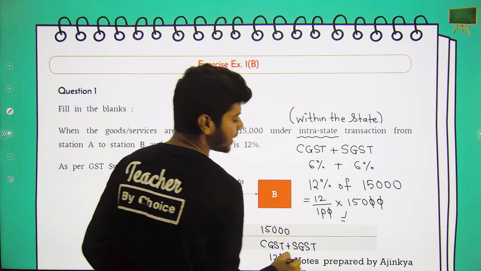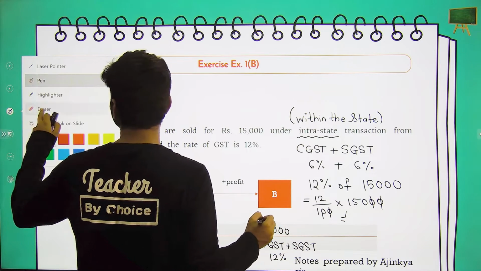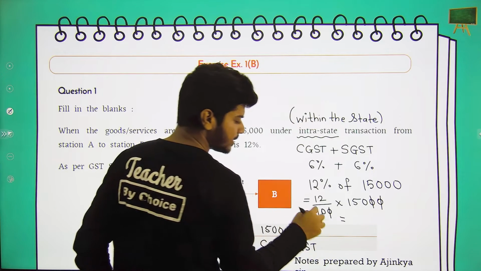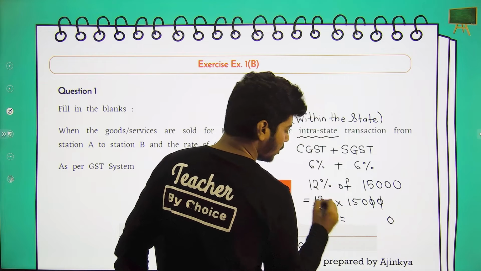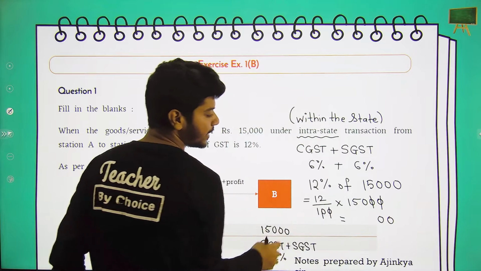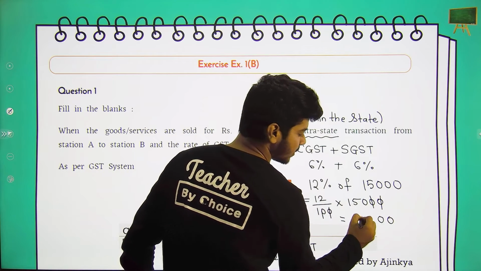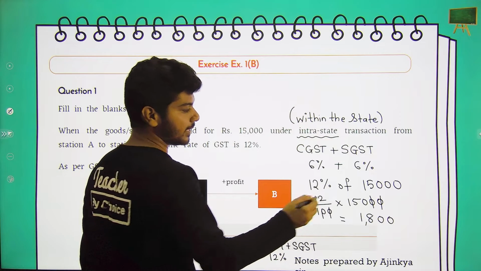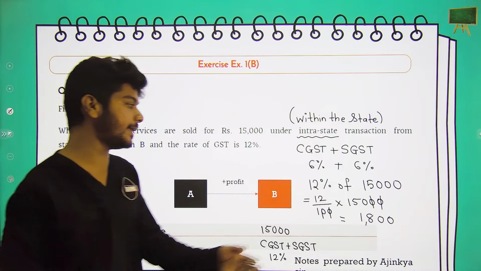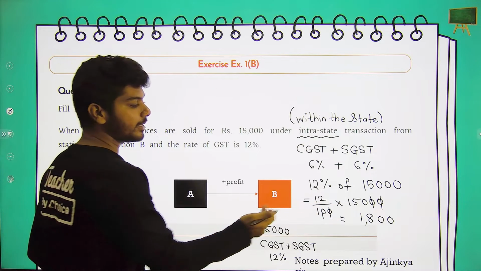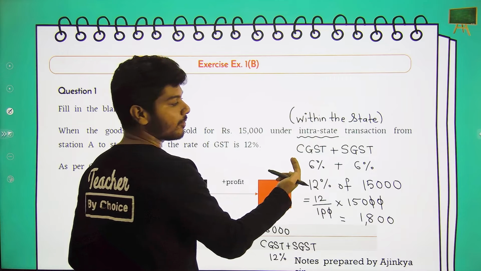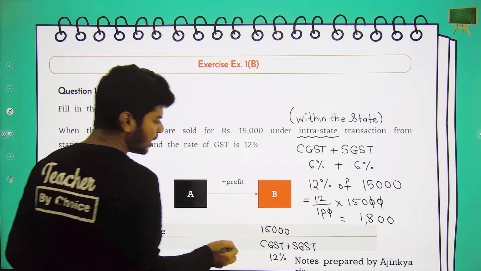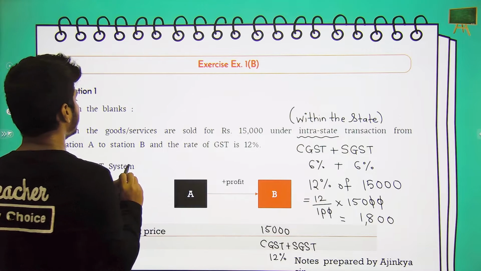So what is the exact tax we are getting here? 12 zeros are 0, 12 fives are 60, 6 carry, 12 ones are 12 plus 6, 18. Can I say 1800 rupees is the total tax? 1800 is the total tax, out of which 900 goes to the central government and 900 goes to the state government.